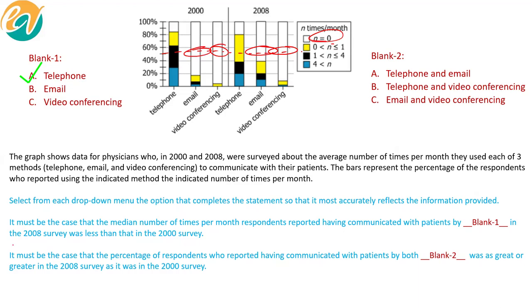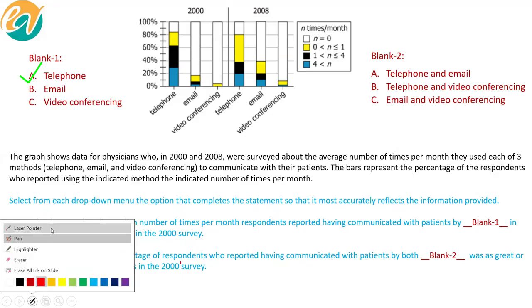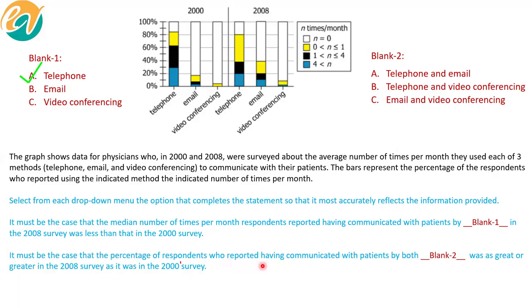Now let's look at this one. It must be, now this is very interesting. It must be the case that the percentage of respondents who reported having communicated with patients by both was as great or greater in 2008 as it was in the 2000 survey.